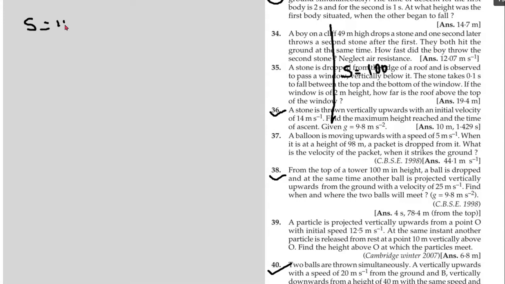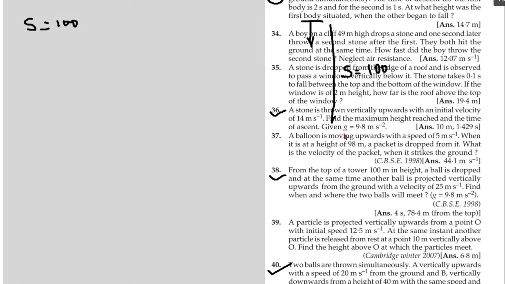I will not write meter here to save time. One ball is dropped from 100 meters high.